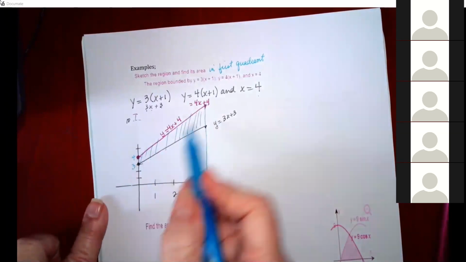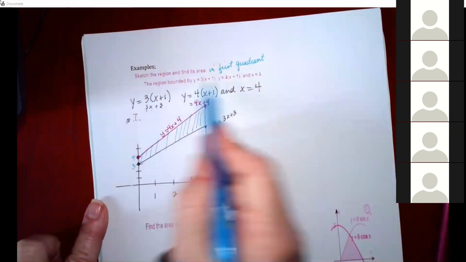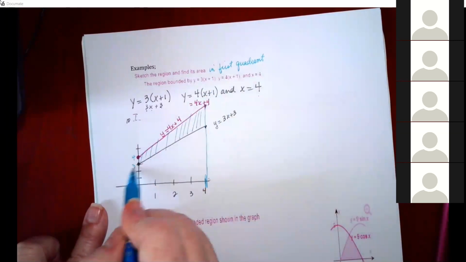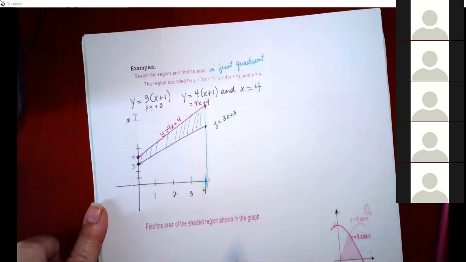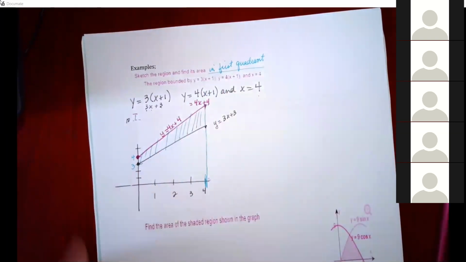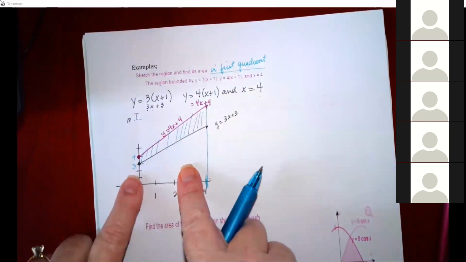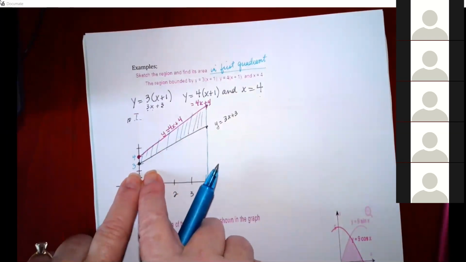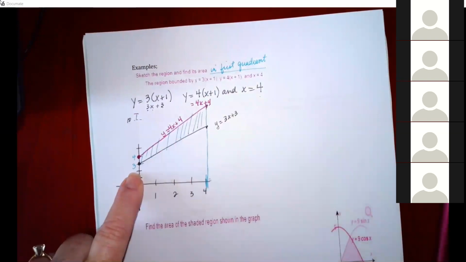But if we were going to do the entire region contained between these graphs, I'd have to go further over here and find the point of intersection. We'll talk about those in just a minute. But right now, I just want to do what's in the first quadrant. Okay, so going back, did that answer y'all's question about how I got those points now that I labeled them properly? Yes. Okay. Just wanted to make sure.